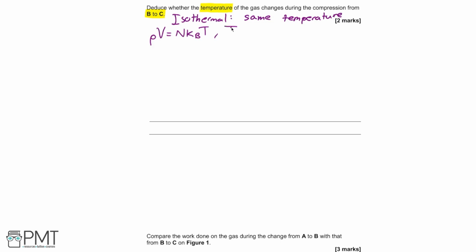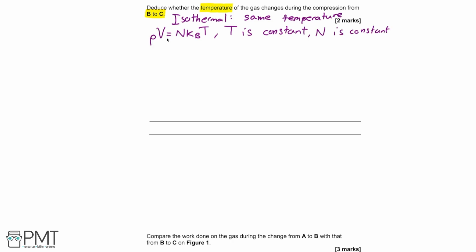Now, if T is constant, i.e. if the change is all at the same temperature, so the temperature before is the same as the temperature after, then the number of molecules of the gas times the Boltzmann's constant times T also has to be a constant, because N is constant too.